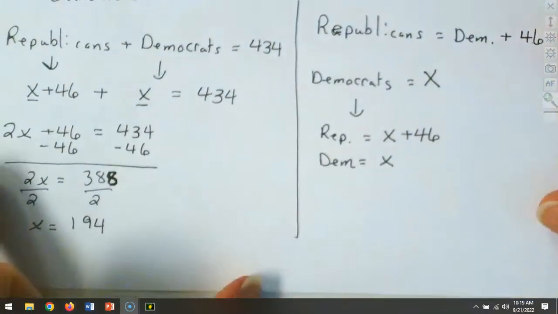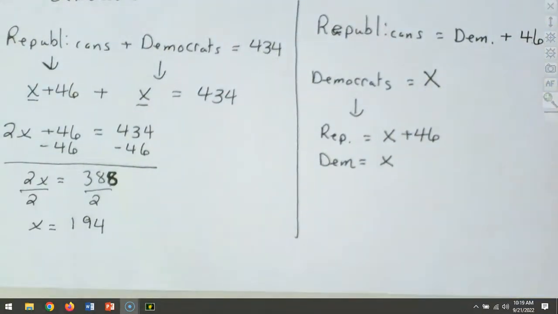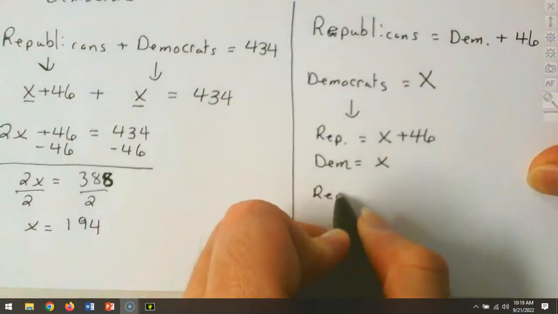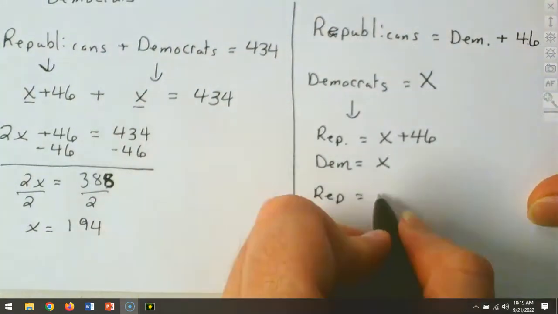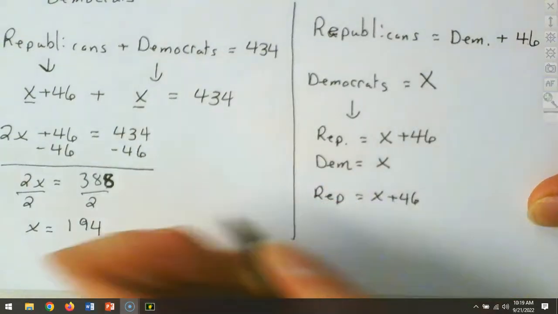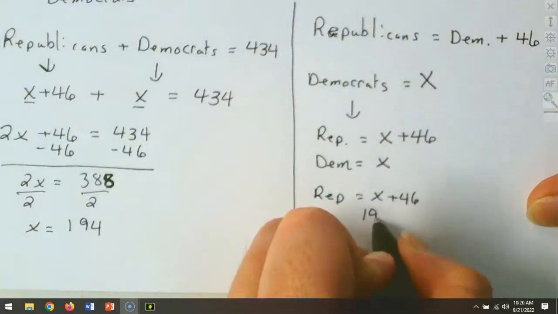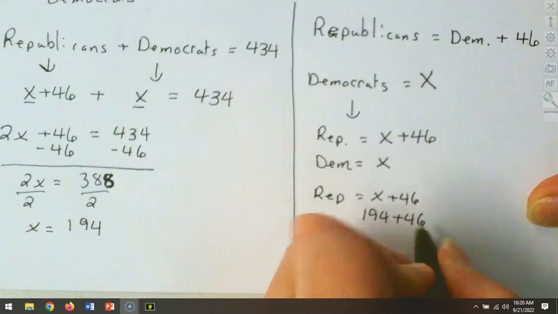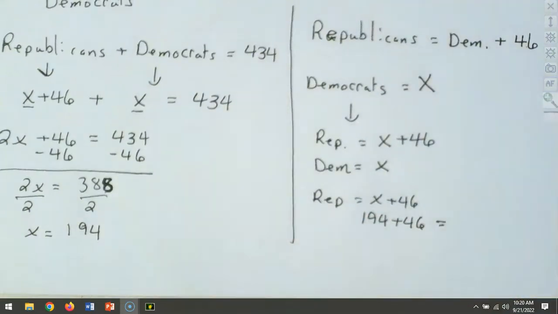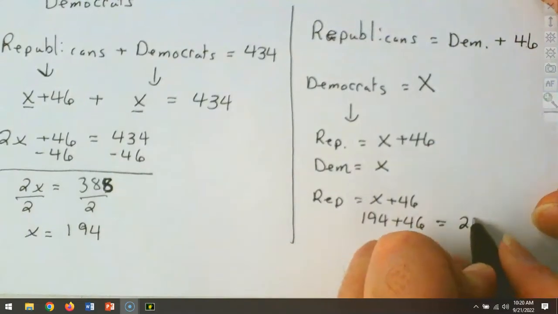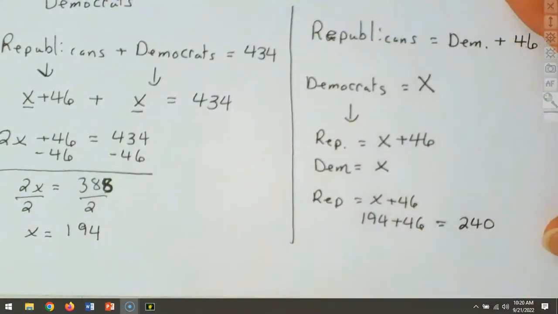Okay, so how many do we have of each one? Well, Republicans, we've got x plus 46, so that's going to be 194 plus your 46. And what does that give you? When you add them together, 240, doesn't it?